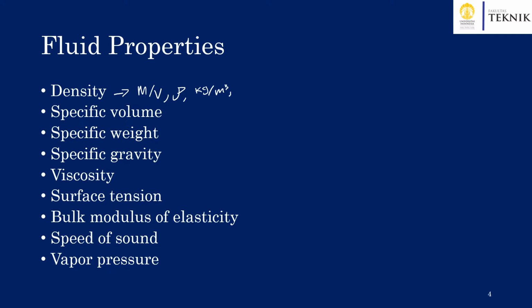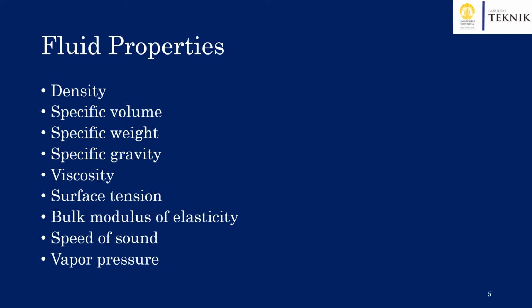The density of a fluid differs from one fluid to another. For example, the density of a gas normally depends on the pressure and the temperature of the substance. On the other hand, for liquid, the density only has a small variation over temperature and pressure.